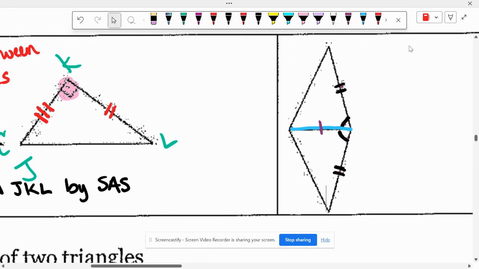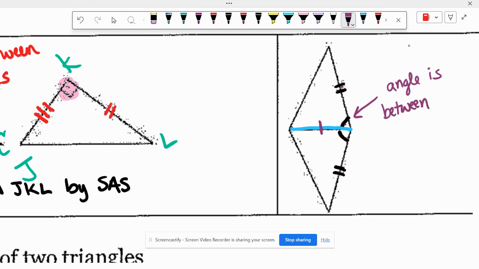Again, notice that the angle is between the two sides. It has to be between. It's called the included angle. It's the angle that's included between the two congruent sides.